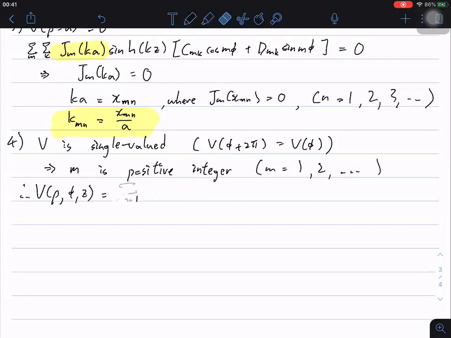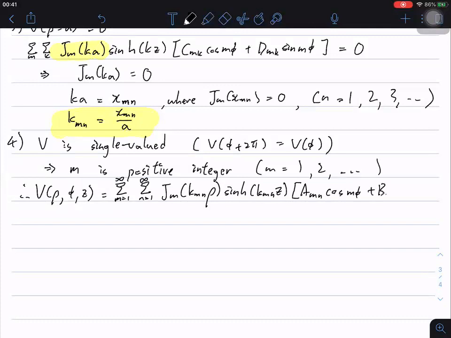Okay, maybe I write the two summation signs. And now we only have two unknown constants.